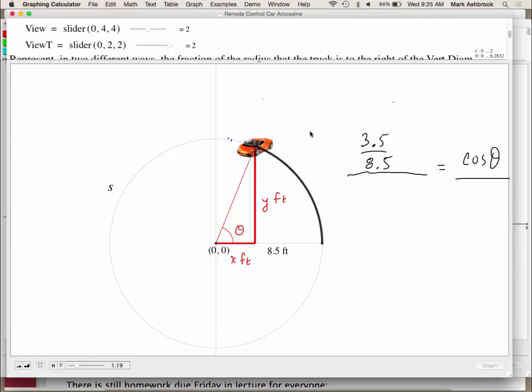And then, do you see, so now we're making a triangle, and so what is this distance right here, from there to there? 8.5. It's the radius, right? 8.5 feet.